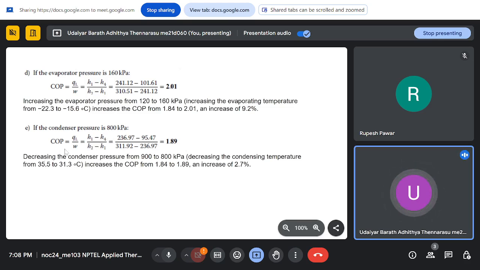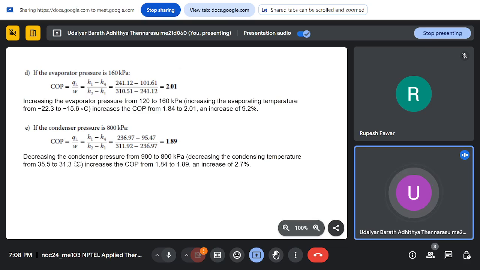So decreasing the condenser pressure from 900 to 800 kilopascal has decreased the condensing temperature from 35.5 to 31.3 degrees Celsius. So practically what happens is, if your ambient temperature is around 30, you are basically reducing this temperature difference.